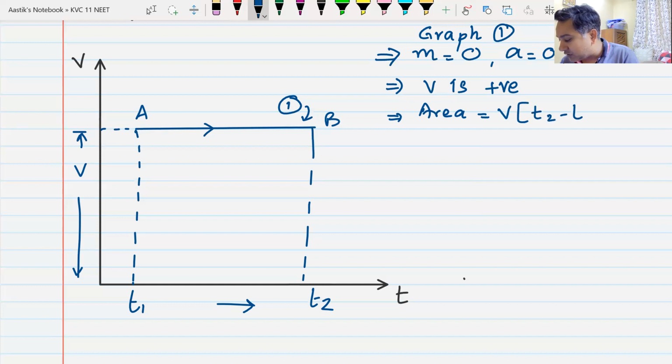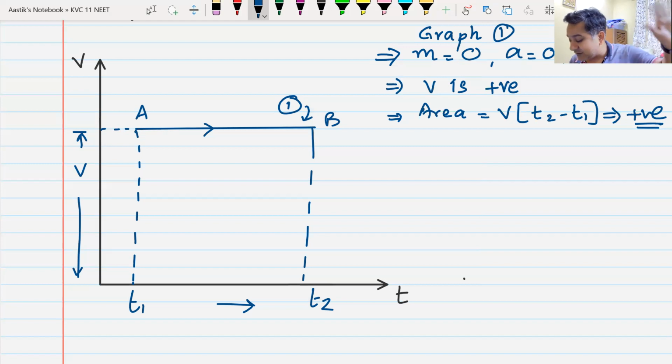This will be taken as positive for displacement. For distance, everything is positive. For displacement, above time axis positive, below time axis negative. Do we understand this?